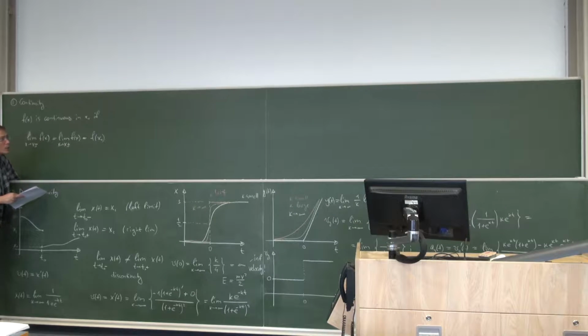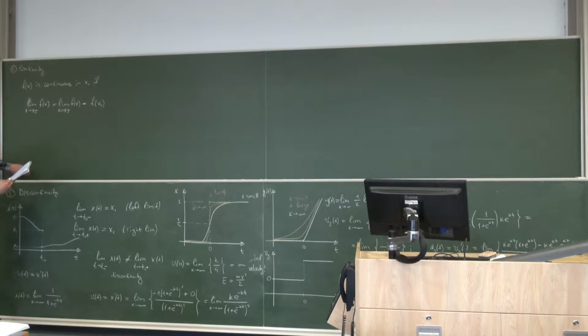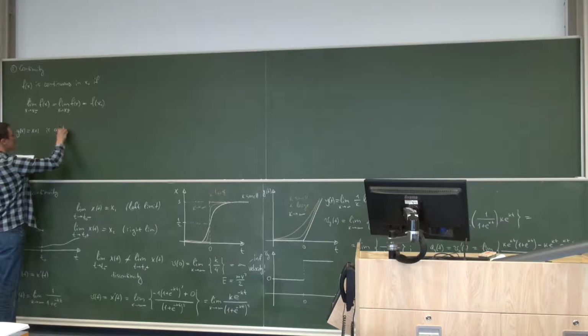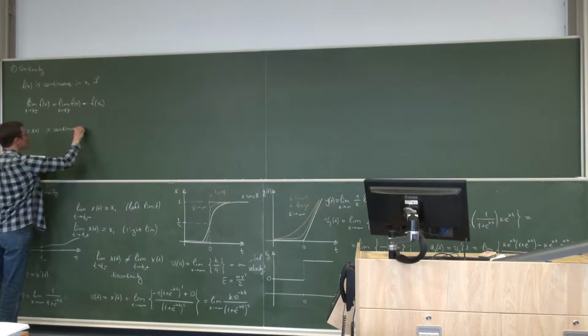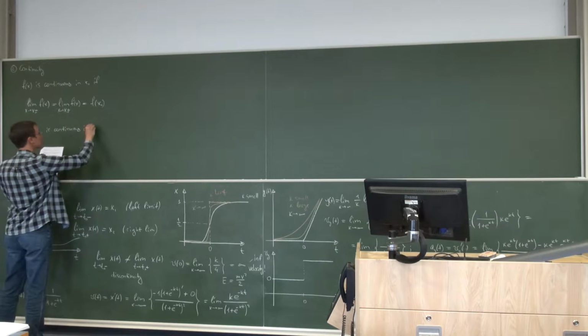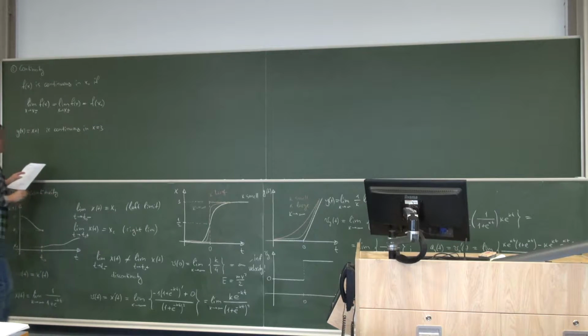So let us begin with the ones that are continuous, so we can demonstrate that y of x equals x plus 1 is continuous in x equals 3. That's kind of obvious, right?